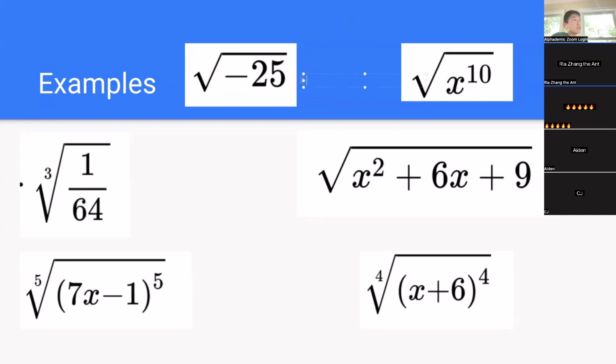So if you've been to the past classes, you should know that the first one will involve i, because i is equal to the square root of -1.